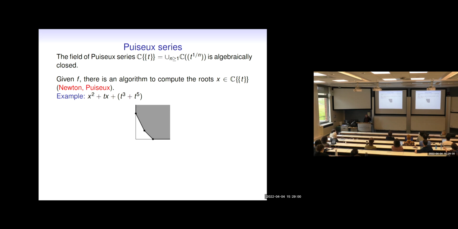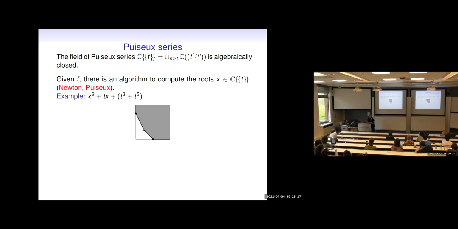I didn't write out the full details, but if you stare at the picture, the algorithm starts by saying, if I give you the polynomial, the first thing we're going to plot is its Newton polygon, and that is what? The 3 dots are the valuations of the coefficients of 1, x, and x squared.